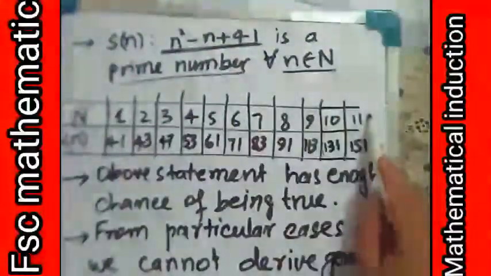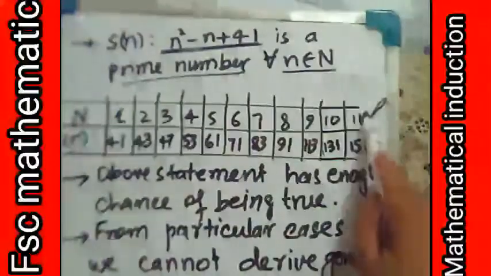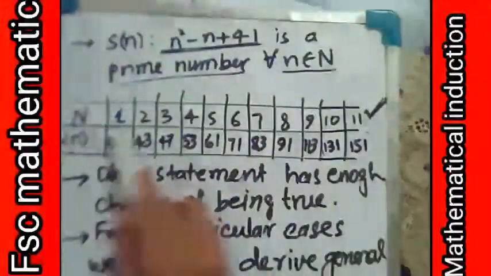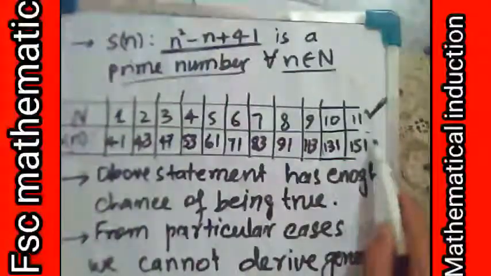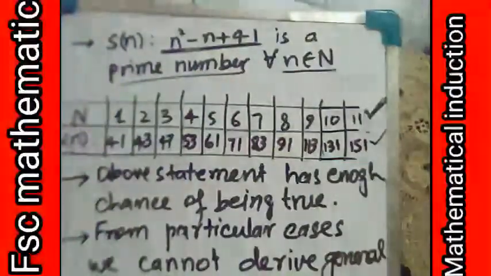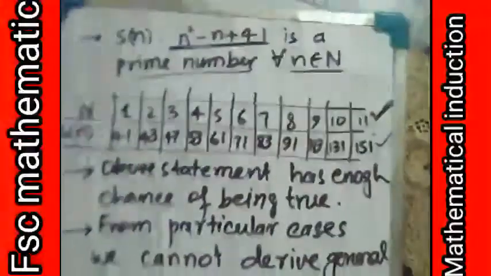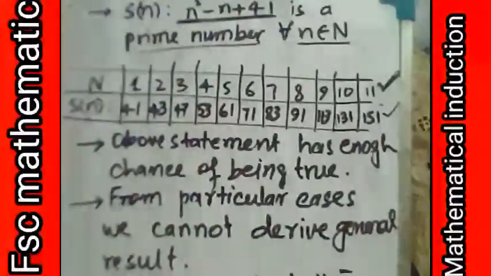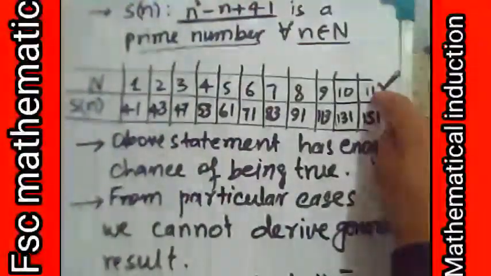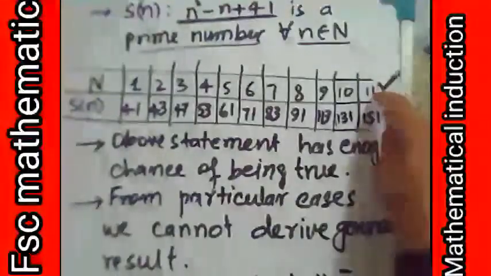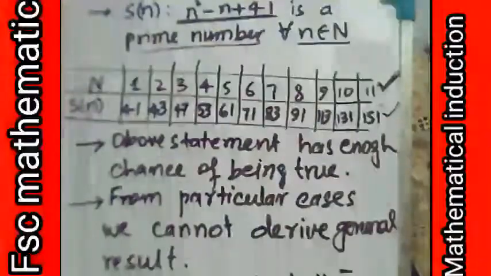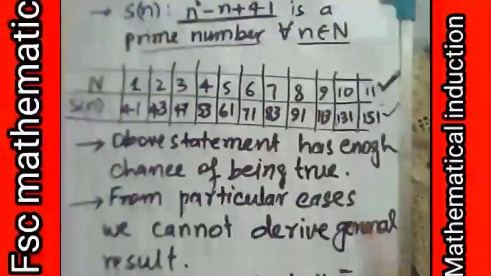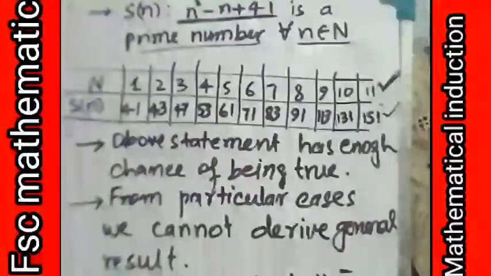We substituted 11 natural numbers and found a prime number every time. Now there is a chance that we can say that from these particular cases, because we have tested it, it is a prime number every time.